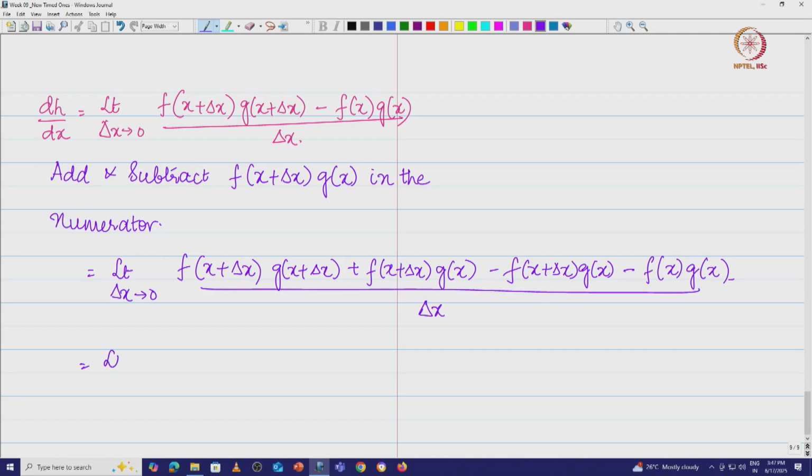So this is nothing but the limit delta x tending to 0. What am I going to do?